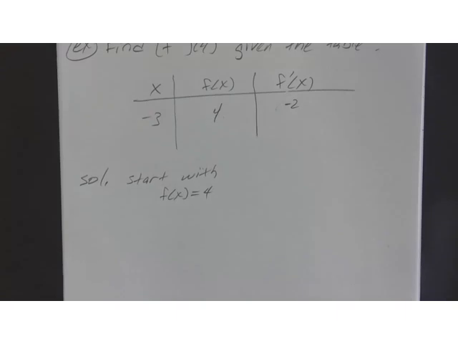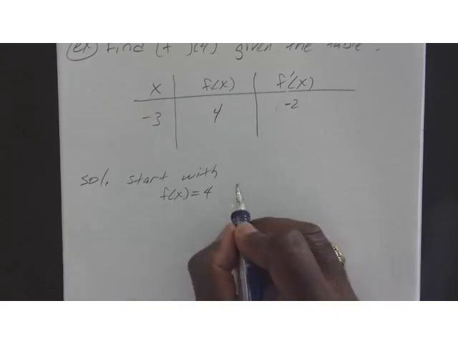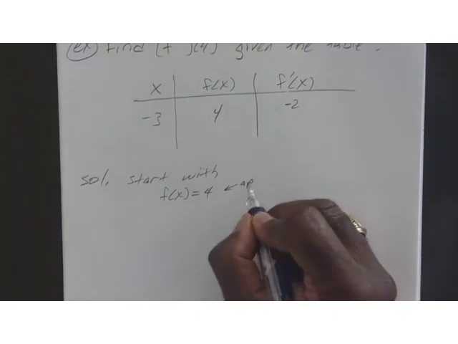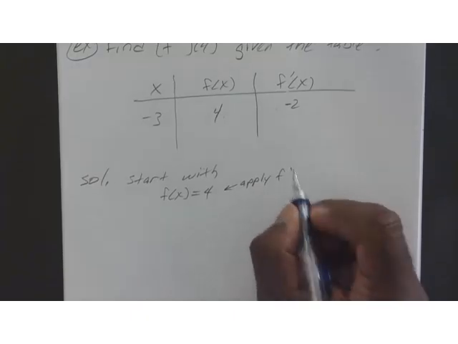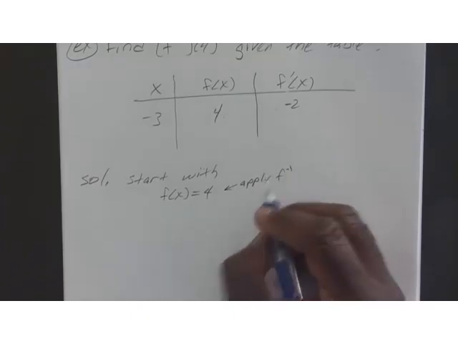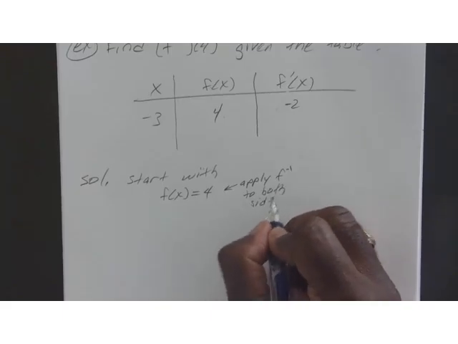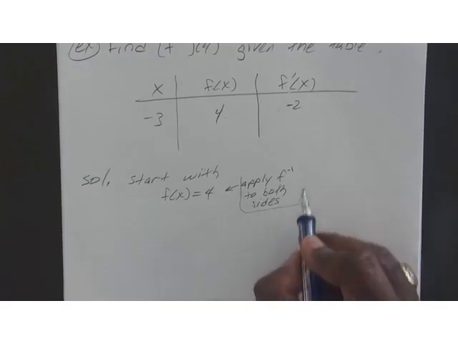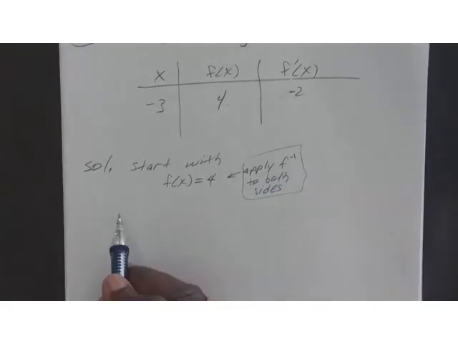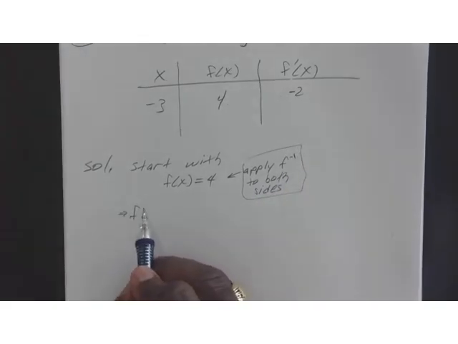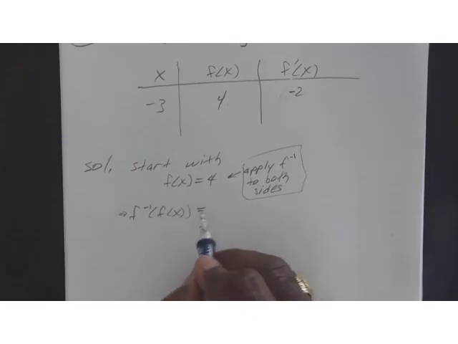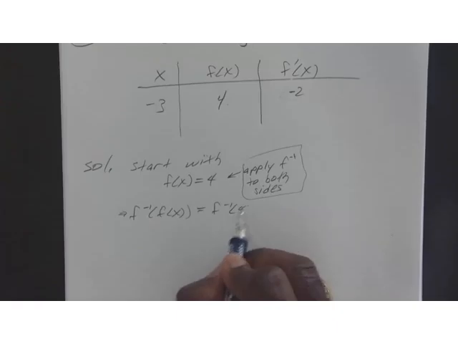Well, we know if f of x is equal to 4, we can just apply f inverse to both sides. So that gives us f inverse of f of x is equal to f inverse of 4.